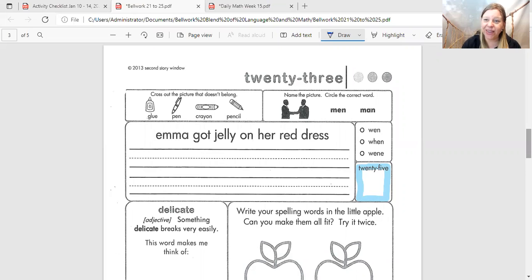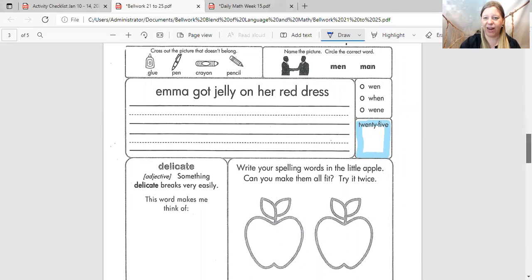To remind you, our Bellwork pages are a mixture between language and math activities. On today's Bellwork page, page 23, I have highlighted in blue the sections that are about math lessons or math practice.